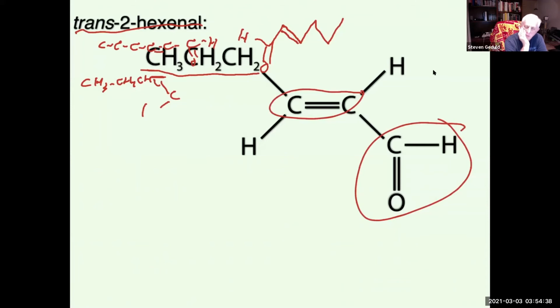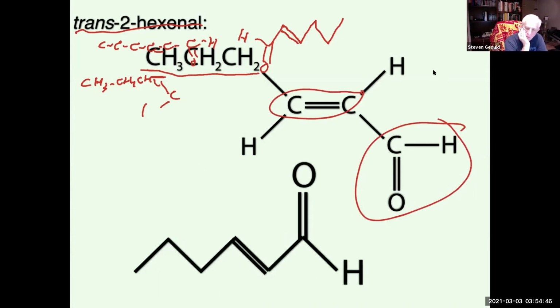Double bond at number 2. Your aldehyde is always at number 1, and it's in the trans position. And there's your line formula. That number 1, number 2, etc. So 2 is your double bond, 1 is your aldehyde.